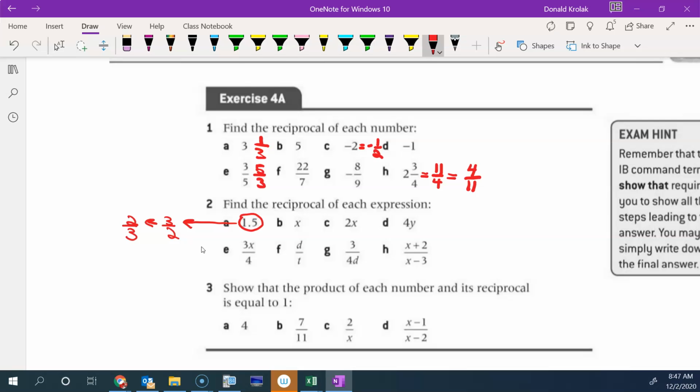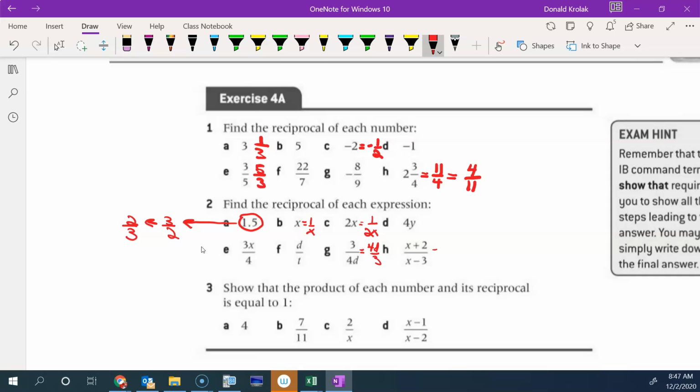Okay, the reciprocal of x is 1/x. Reciprocal of 2x, 1/2x. The reciprocal of 3/4d, 4d/3.